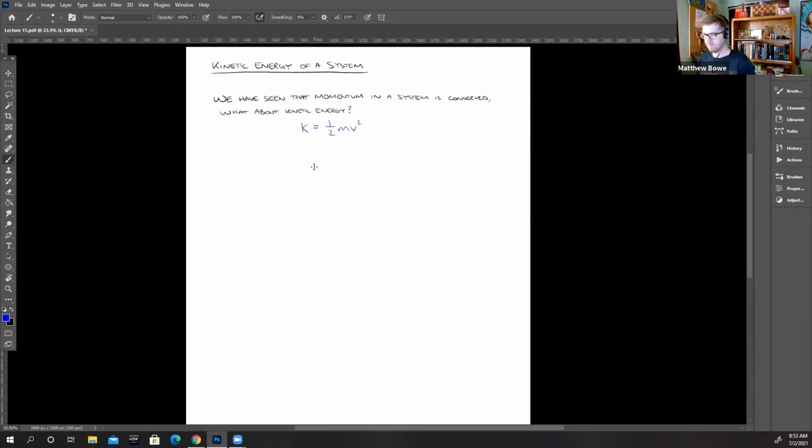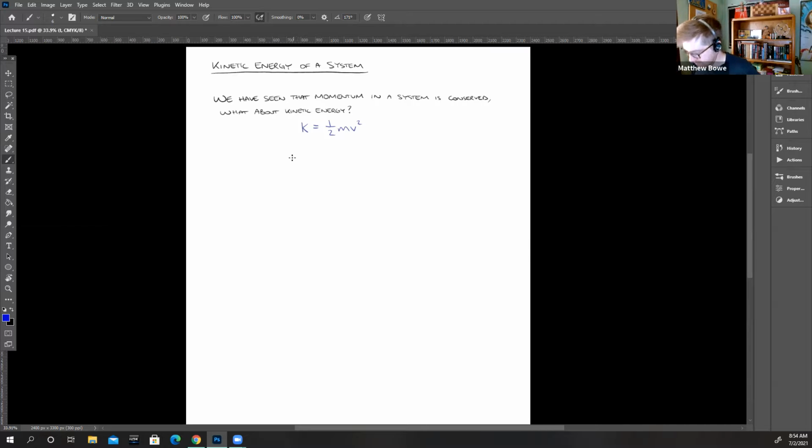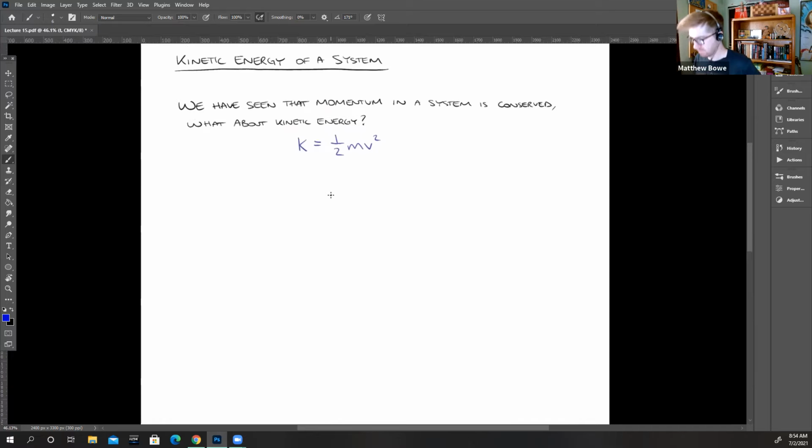How does this act when things combine together, or maybe move apart? How does kinetic energy react to this situation? The book does some sort of derivation. I don't feel it's too enlightening, so I'm just going to try to explain it in words.